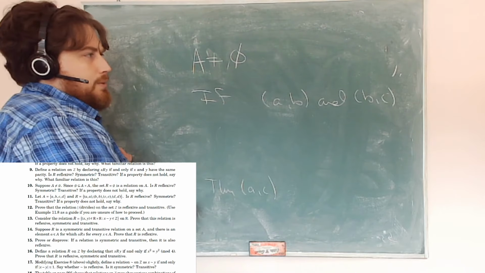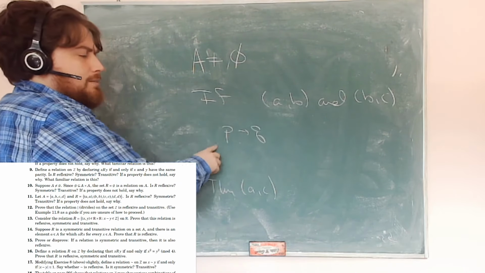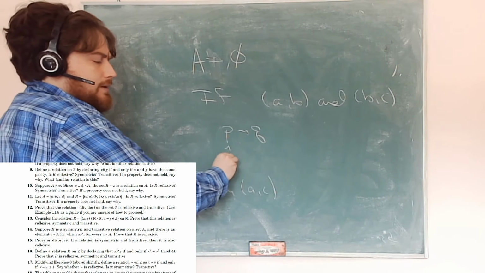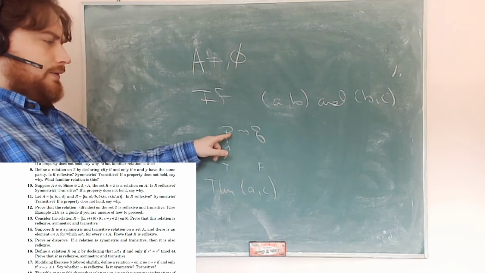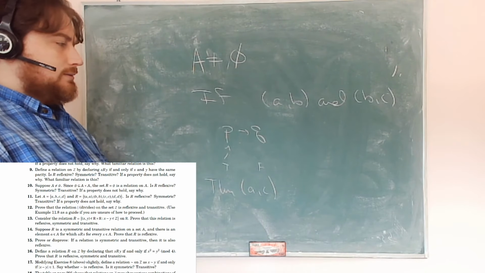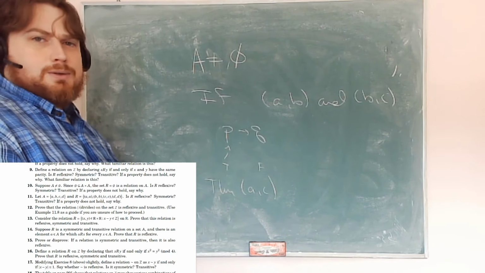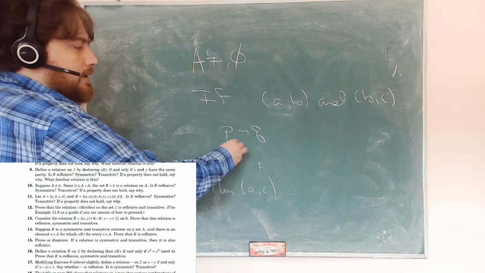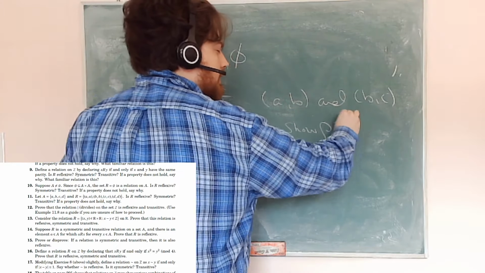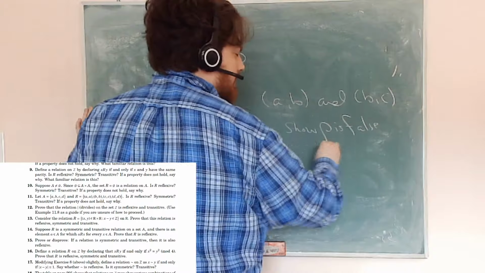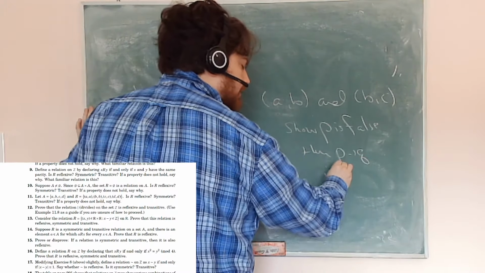And if I want to prove that, remember that an if-then statement is only false if the if part is true and the then part is false. But if the if part's always false, then it doesn't matter what happens, this becomes always true. So that is, if I can show P is false, then I know that if P then Q is true.